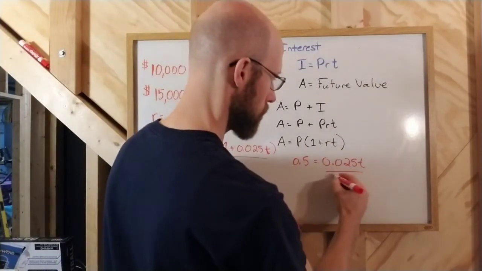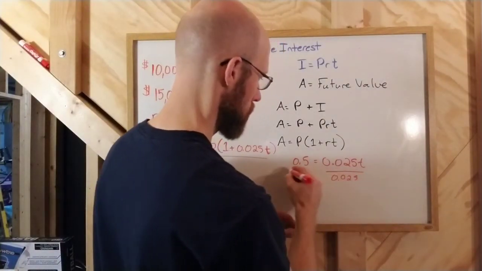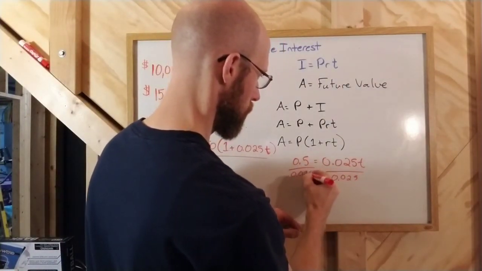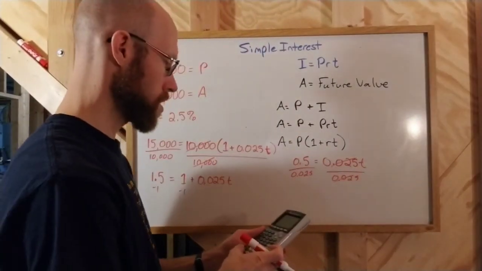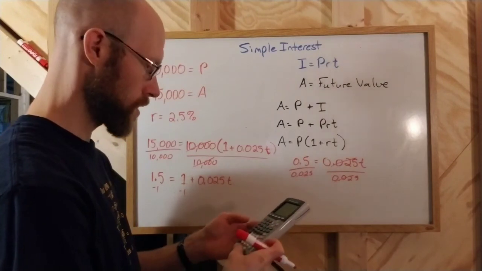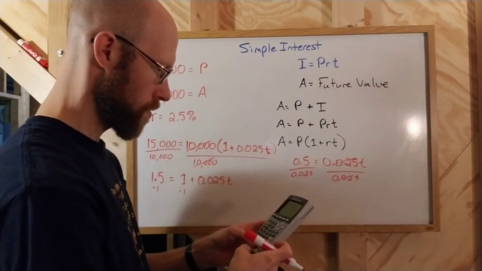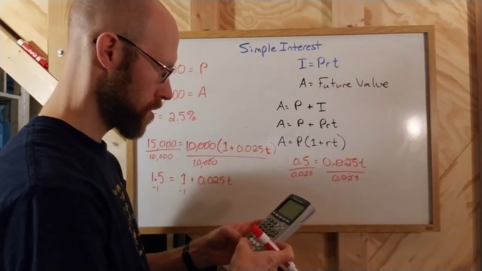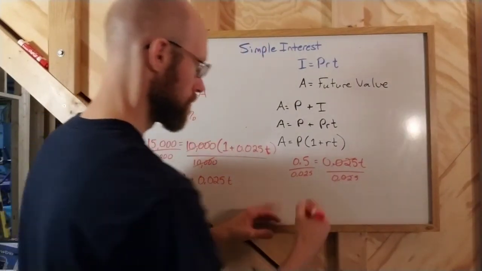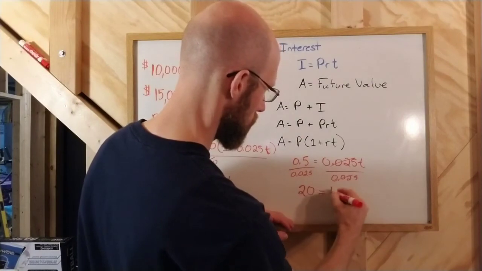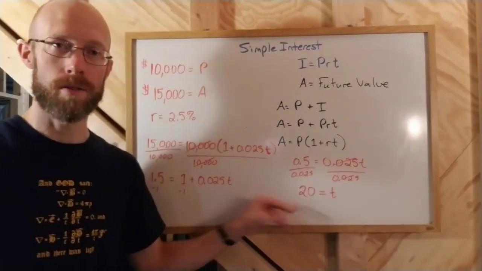Okay, so divide out by 0.025. That'll cancel on the right. And so I do that calculation, 0.5 divided by 0.025 is 20. There it is. So it's going to take 20 years, right?